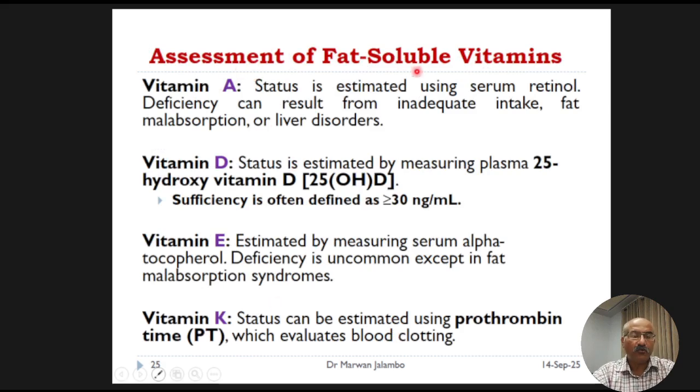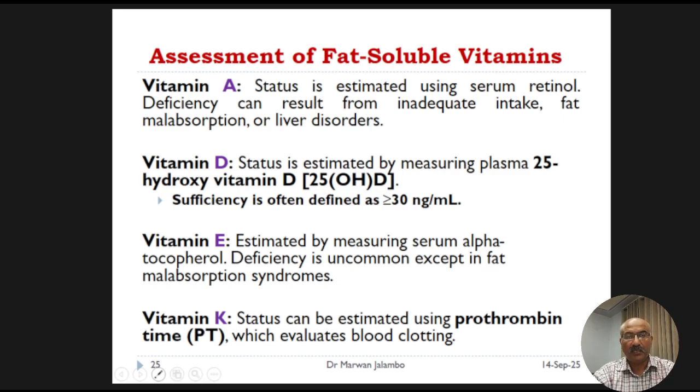Assessment of fat-soluble vitamins: vitamin A, vitamin D, vitamin E, vitamin K. Fat-soluble vitamins A, D, E, and K are at risk for deficiency in any condition involving fat malabsorption. For vitamin A, we measure serum retinol levels.